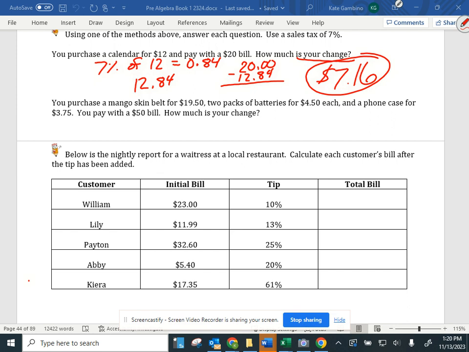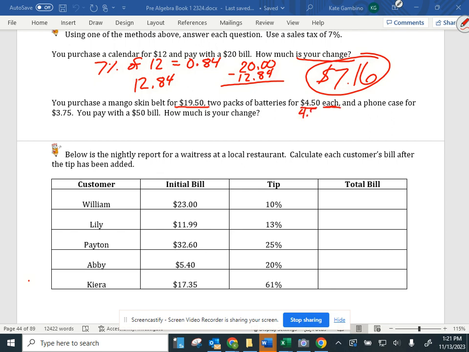You purchase a mango skin belt for $19.50, 2 packs of batteries for $4.50 each, and a phone case for $3.75. You pay with a $50 bill. How much is your change? This one gets a little more complicated because we need to add up.